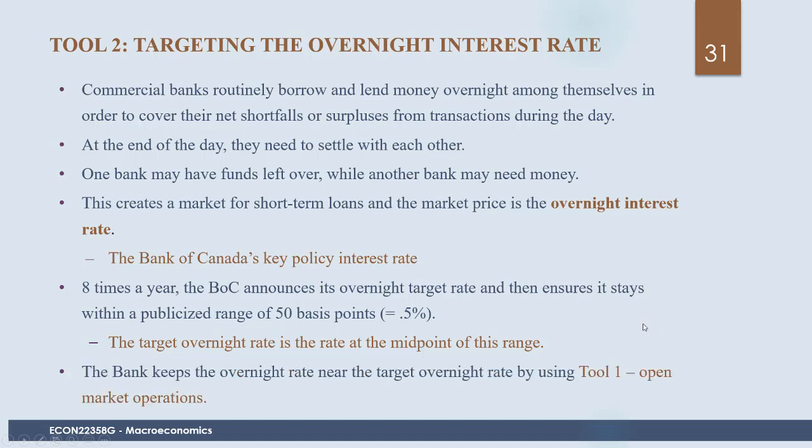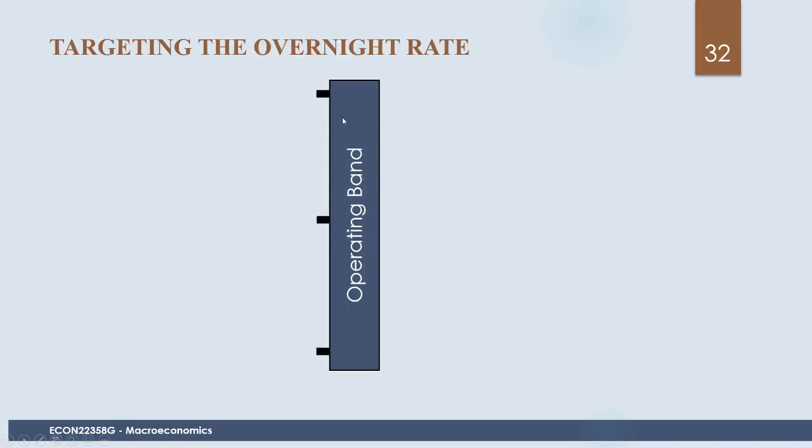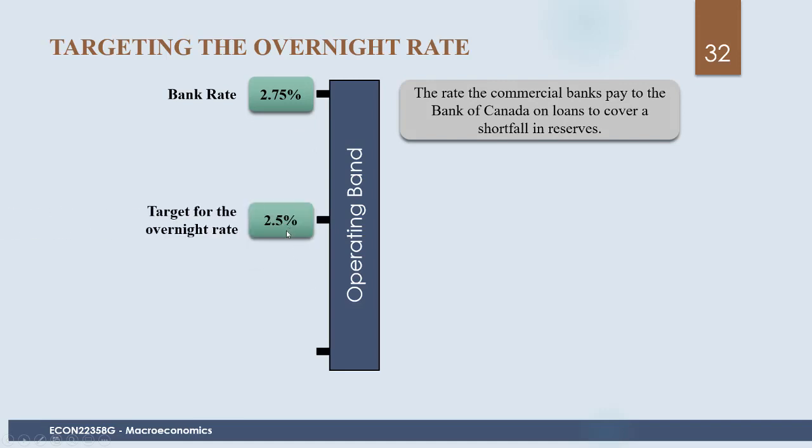Okay, so the bank keeps the overnight rate near the target overnight rate by using tool number 1, which is open market operations. So this is the operating band. If the target interest rate is 2.5%, then the Bank of Canada will set the bank rate at 25 basis points higher. This is the interest rate commercial banks would have to pay for borrowing money.